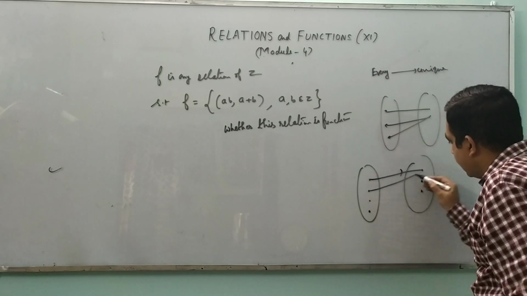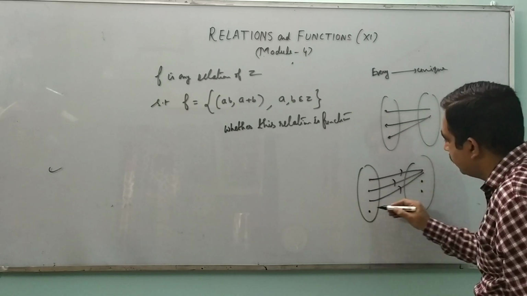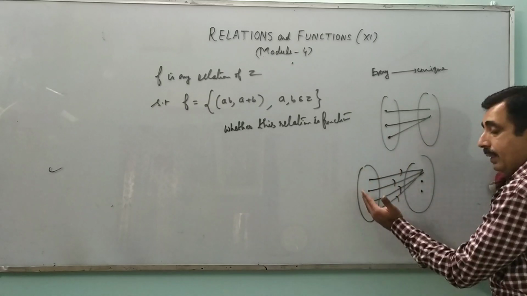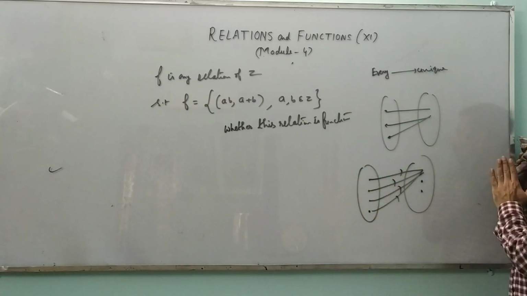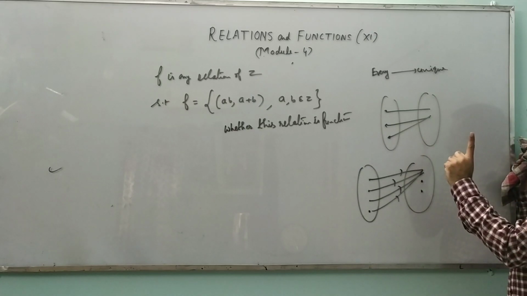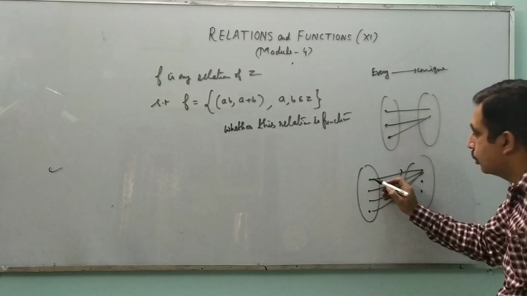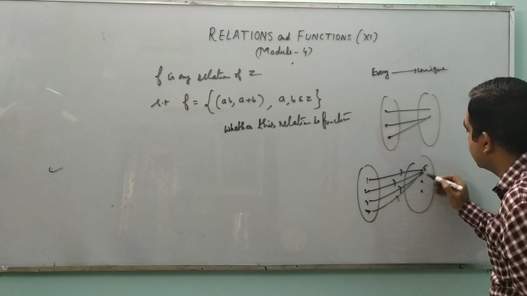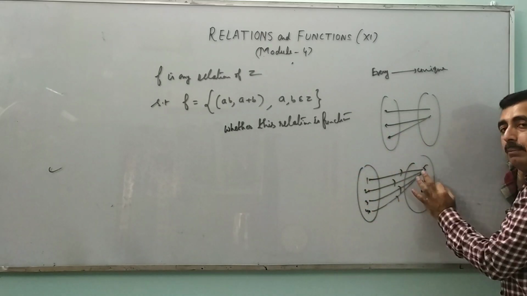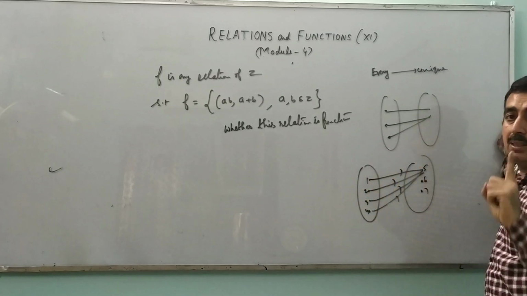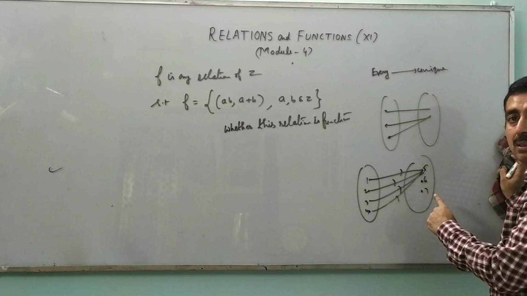All elements may be related with the same number, but all have the same image, unique image. Suppose it is 1, 2, 3, 4 and 5, 6, 7. All are related with the same number, but all have one image.